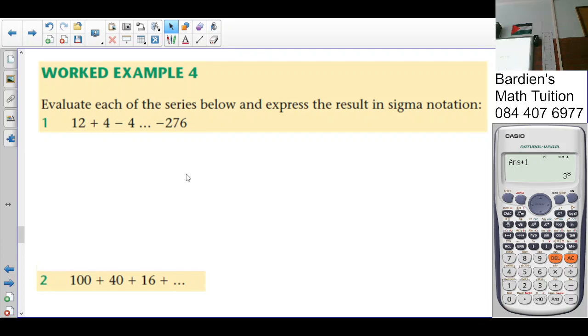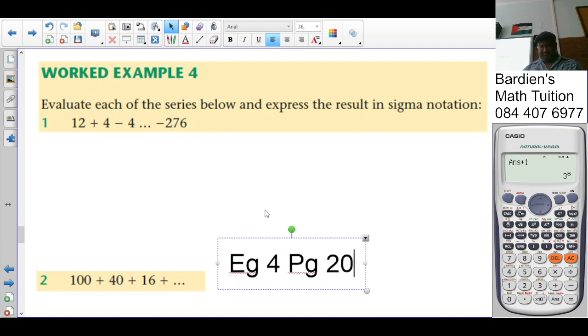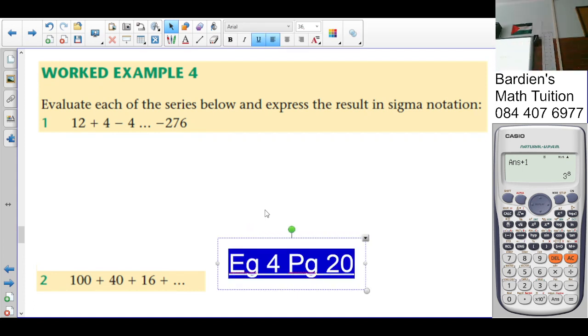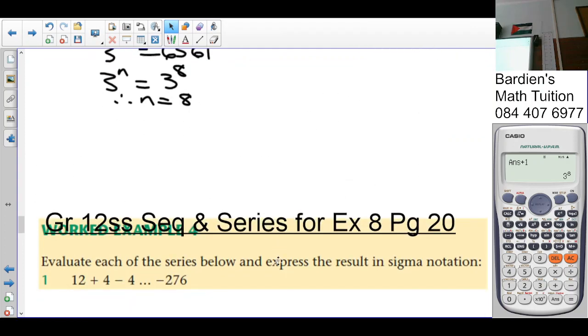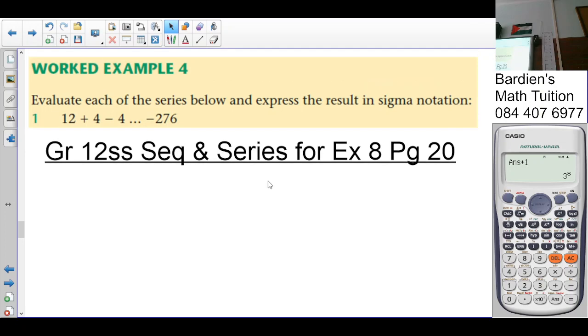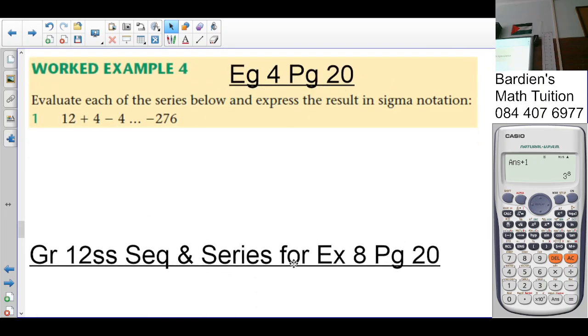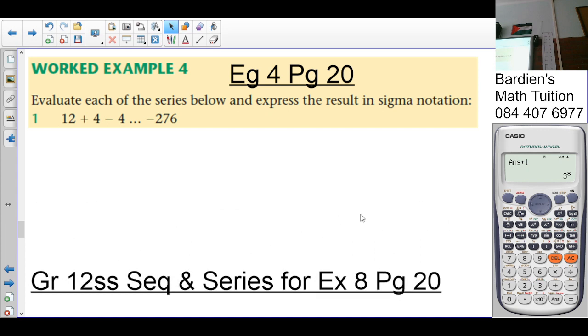Okay, so now we're looking at example 4, and example 4 is on page 20. They ask you to evaluate each of the series below and express the result in sigma notation.